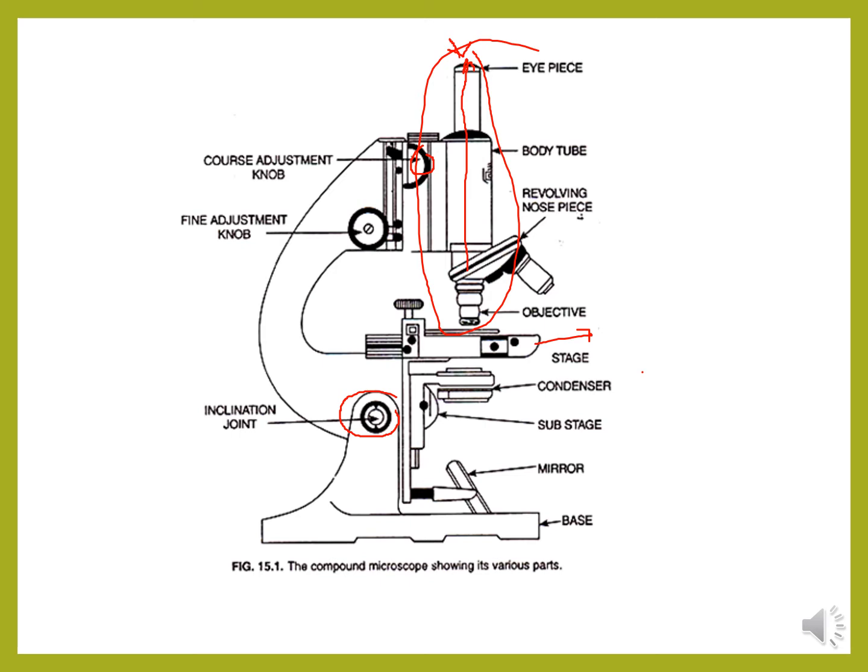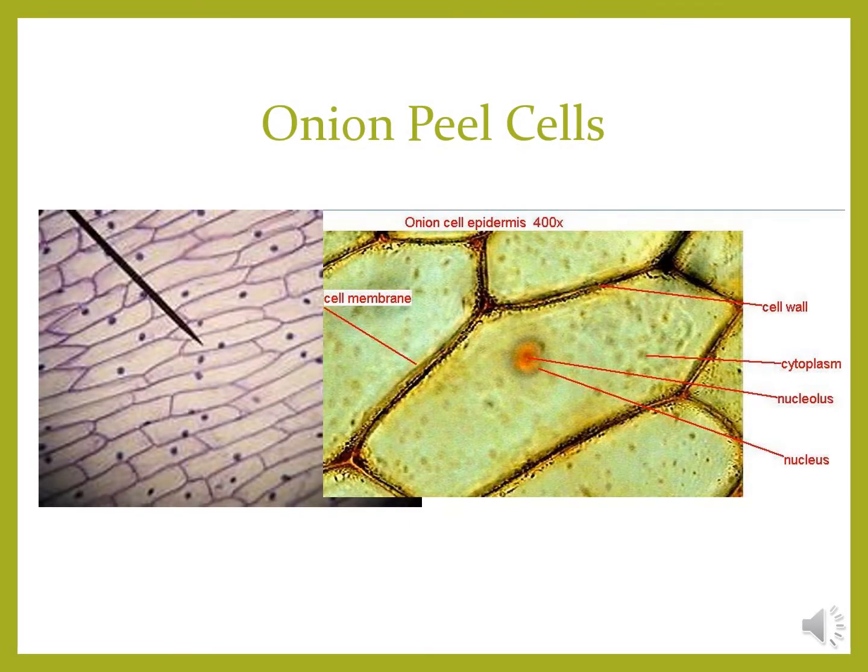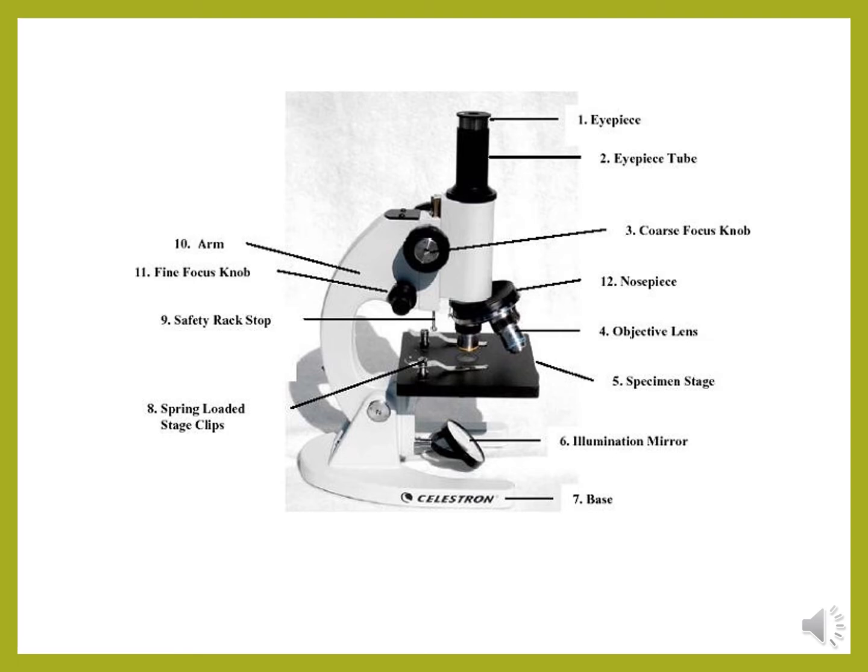And this is a fine adjustment where you can make very fine movements so that you can adjust whatever you're seeing according to your eyesight. If you see the onion peel cells, this is how they will look under the microscope. And this is a magnified version. And this is the microscope that you would be using in your laboratory.